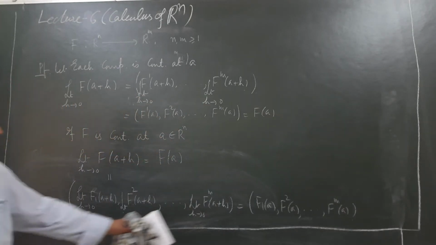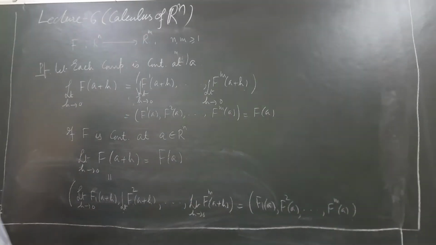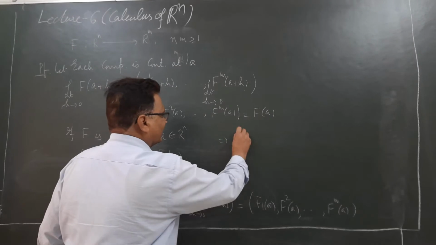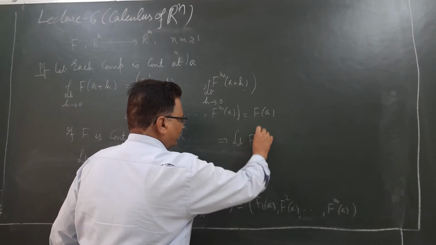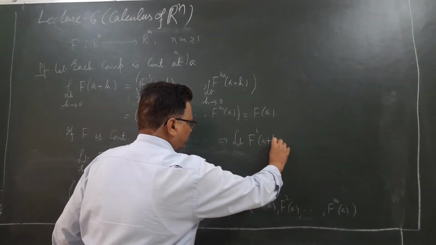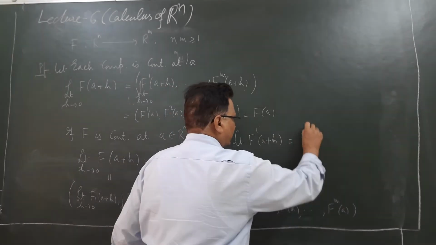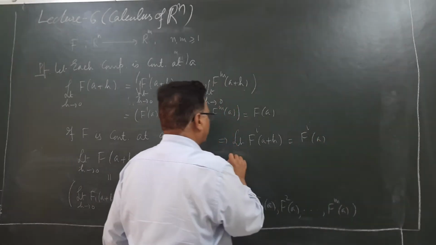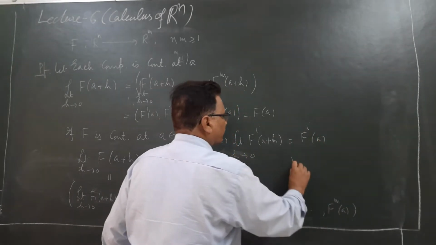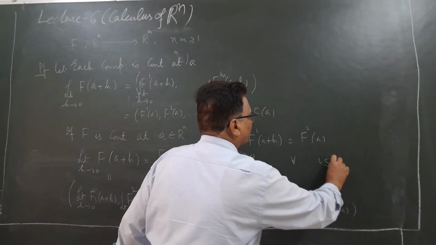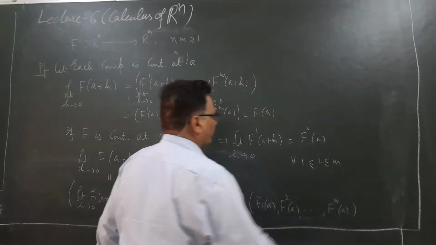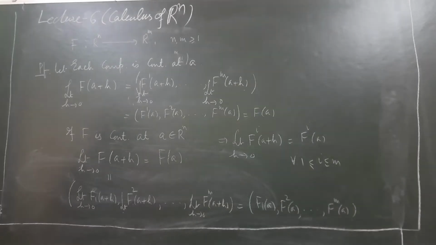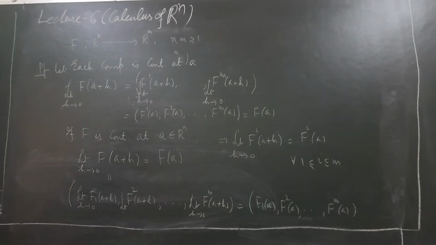Now these two vectors are equal. This shows that the limit of fi(A+h) is equal to fi(A) when h tends to 0 for all i between 1 and m. That shows that each fi is continuous.